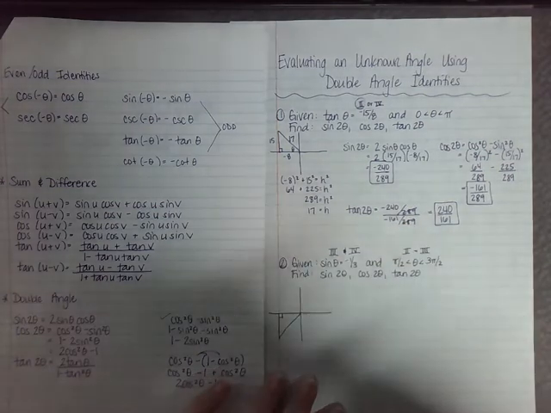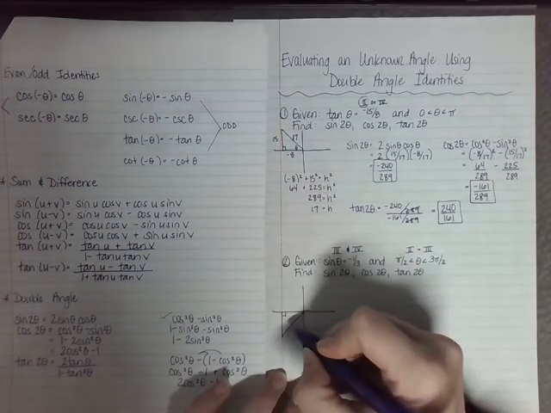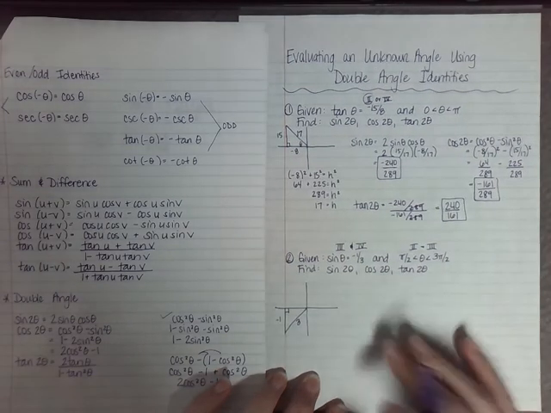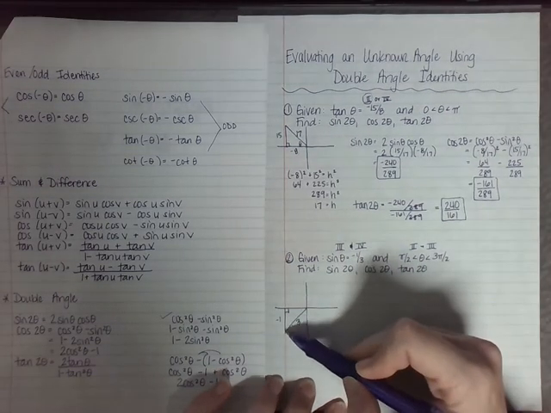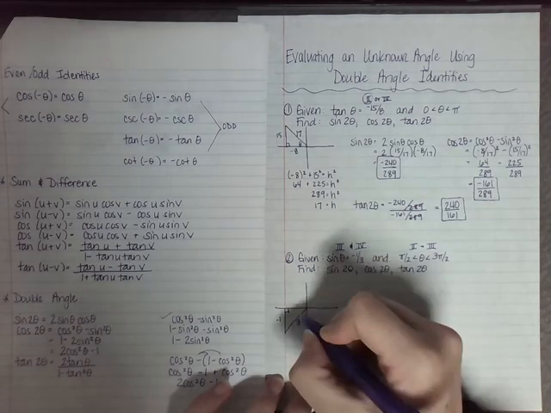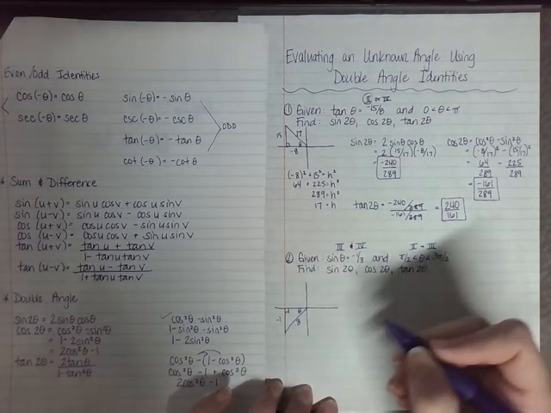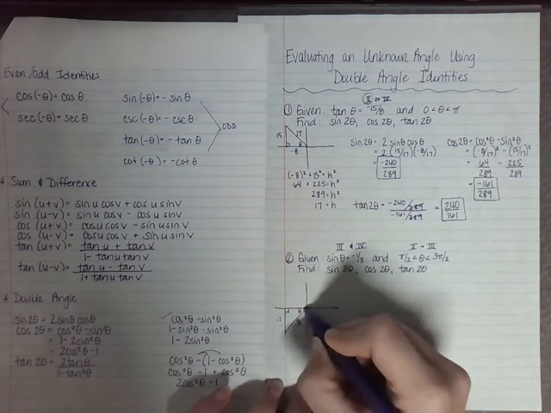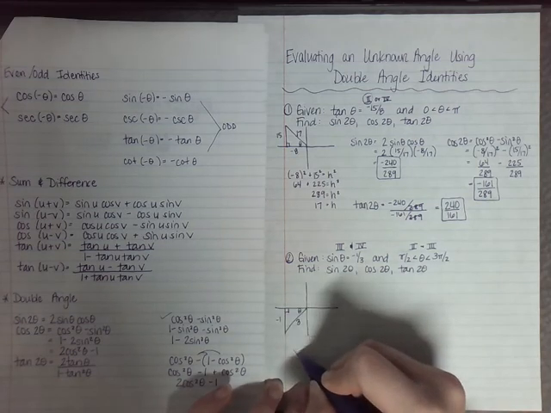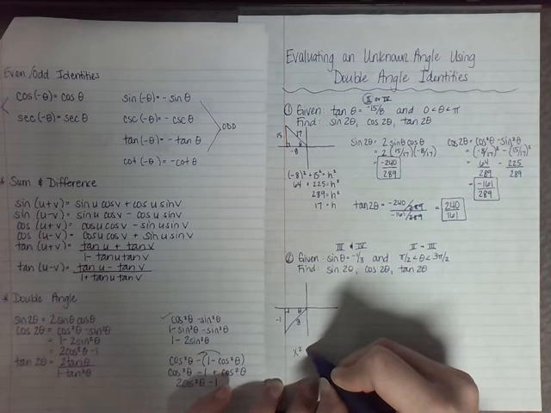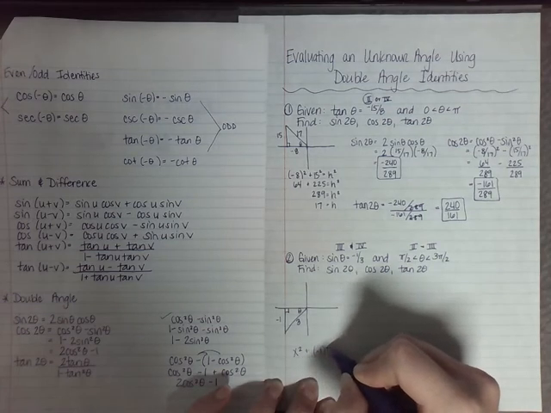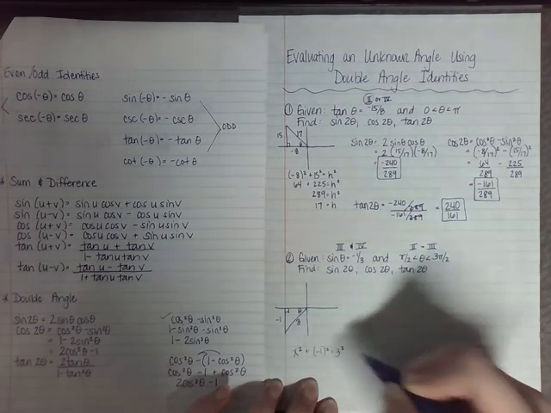Sine is negative 1/3. Sine is opposite over hypotenuse. So negative 1/3, and that makes sense because your number should be negative when you're going down. All right, put your theta there at the origin, and then we're going to have to find that missing side. So I'm just going to call that x, since that's going to be our x value going left. So we have x squared plus negative 1 squared equals 3 squared.